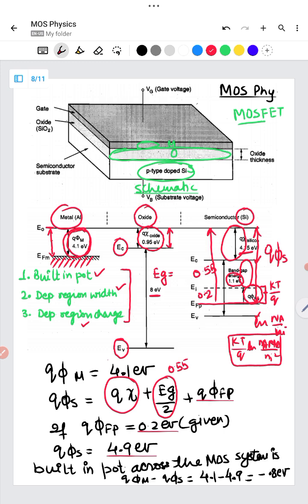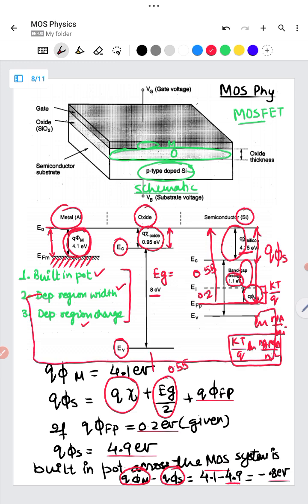So what will be the built-in potential? The built-in potential will be q phi m, the work function of the metal, minus the work function of the semiconductor. This is 4.1 minus 4.9, which is equal to minus 0.8 electron volt. This 0.8 electron volt is also known as the flat band voltage, because this voltage corresponds to the potential difference which is applied externally between the gate and the substrate.